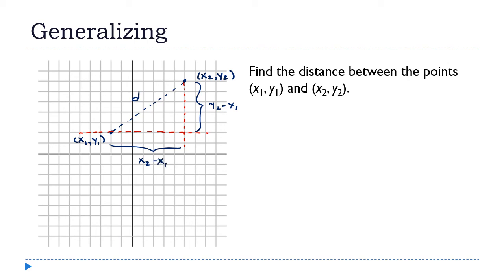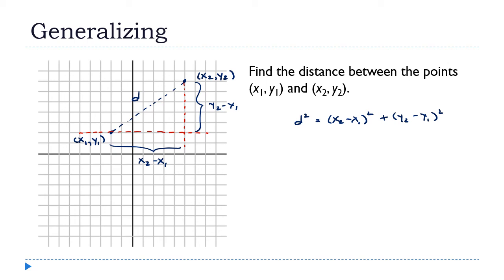And now I can apply the Pythagorean theorem. D squared equals (x2 minus x1) squared plus (y2 minus y1) squared. And I want to be sure if you're taking notes that you write this down, because sometimes we will use this version of the formula.